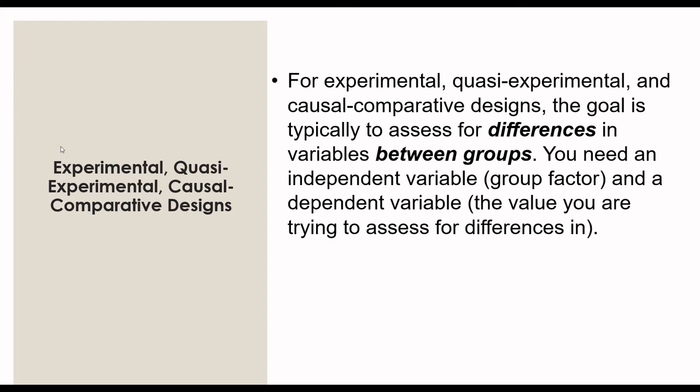You're testing for differences in variables between groups. So you need to have, again, an independent variable and a dependent variable. Your independent variable is going to be your grouping factor, and I'll discuss that more on the next slide. Your dependent variable is what you're trying to test for differences in or test for a change in.